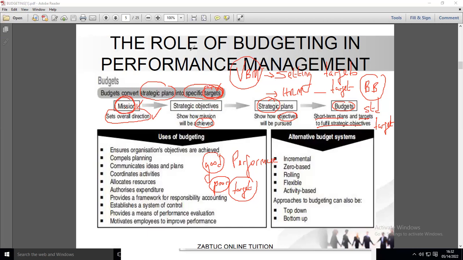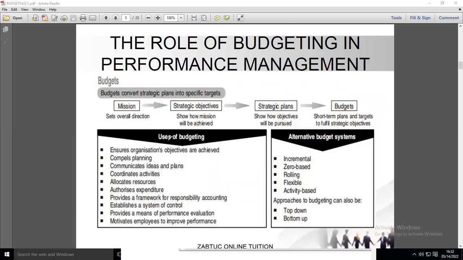Let's now address a common question. What are the uses of budgeting? What are the advantages of budgeting? What are the benefits of budgeting? In other words, if you have to evaluate the budget, you may have to talk about the advantages and the benefits.